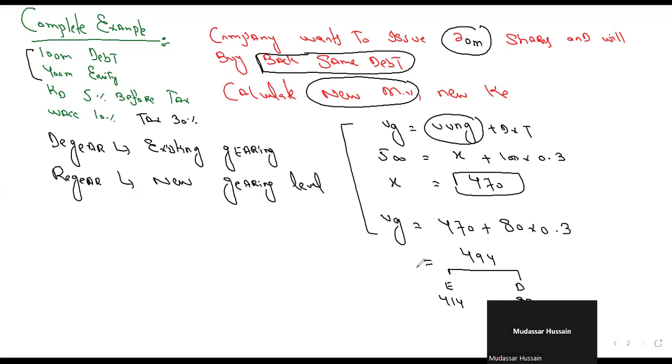Then we will incorporate the new levels. Now, as we have to find the new cost of equity, according to the rule, first we have to de-gear. We have to find the ungeared cost of equity. Let us apply the formula.